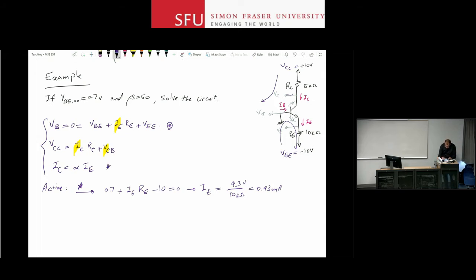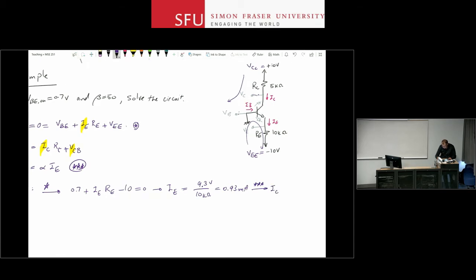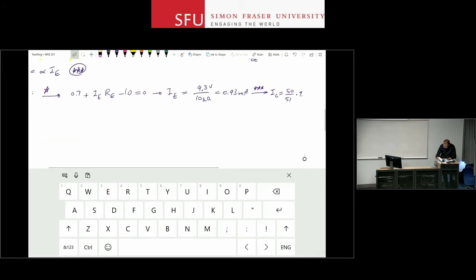Then from this third equation here, I can figure out IC. For a beta of 50, alpha is going to be 50 over 51. Go back to the previous lecture if you need to know why, times 0.93.